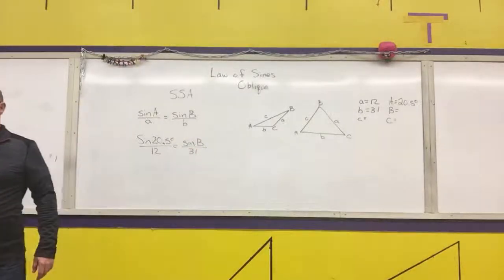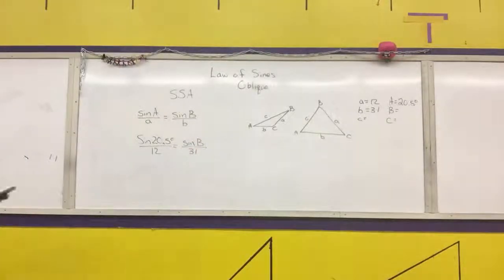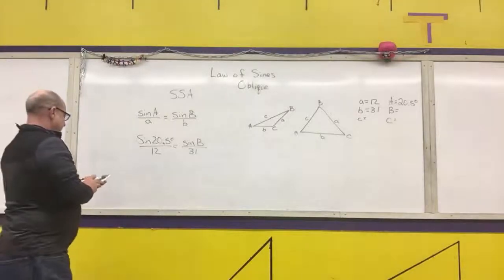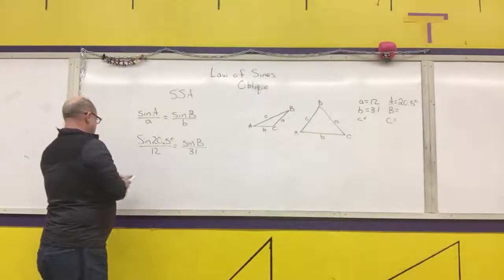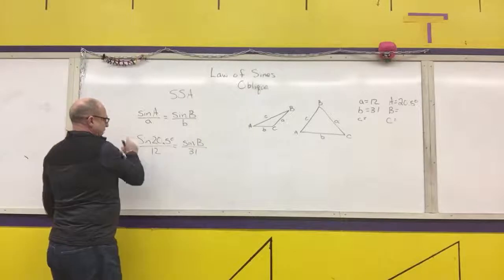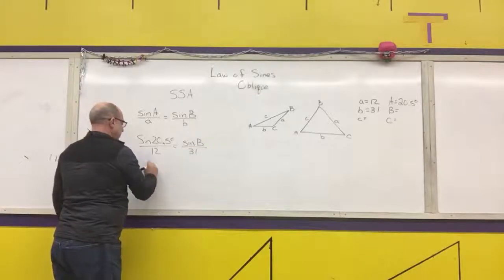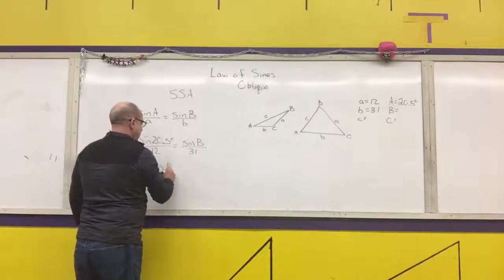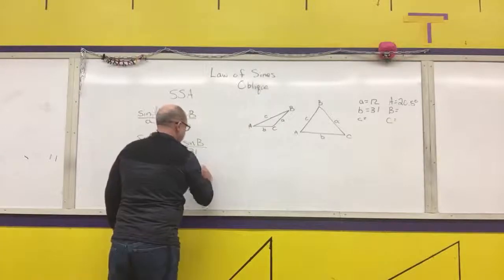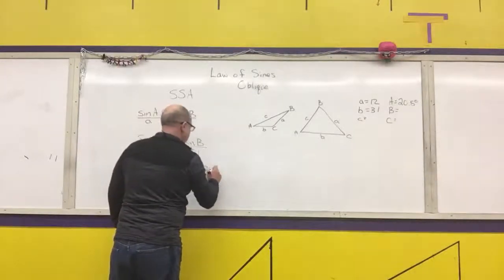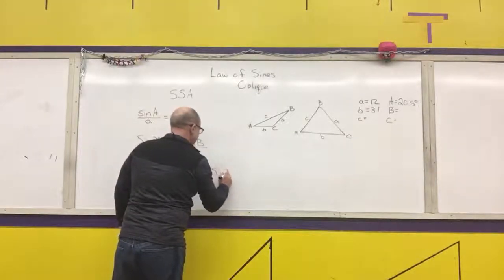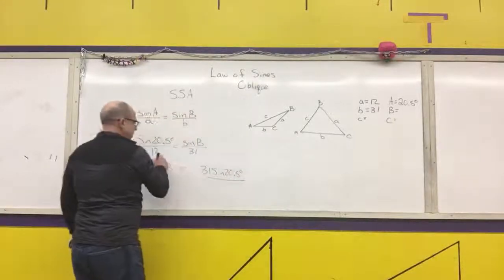And now I want to solve for B. So to solve for B, I multiply both sides by 31. So that gives me the sine of B is equal to 31 times the sine of 20.5 degrees divided by 12.